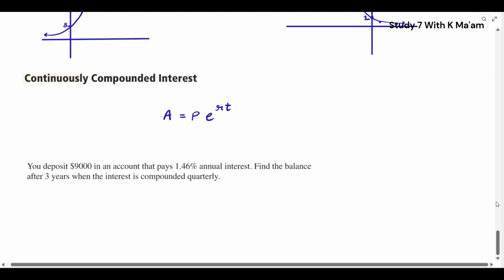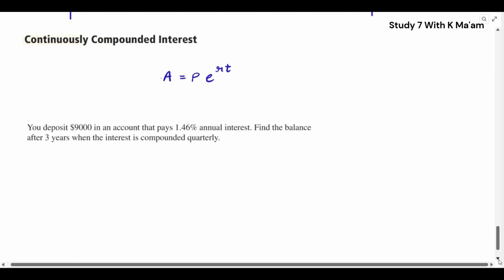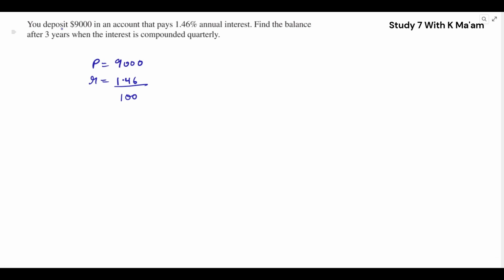Okay. Now, let's start a question. It says you deposit 9,000, so that means the principal amount is 9,000. It pays an interest of 1.46 annual interest, so the rate of interest is 1.46 percent. I remove the percentage and put 100 in the denominator. Find the balance after 3 years when the interest is compounded quarterly.